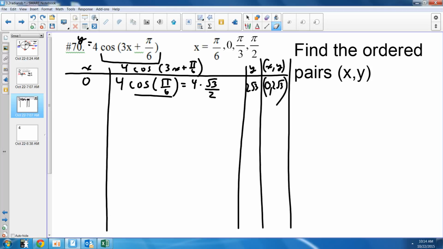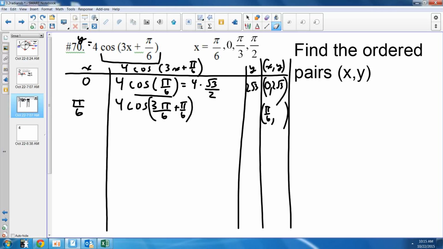Let's go to pi over 6. What's my number? 4 cosine, and now it's going to be pi over 6 in for my x, which really means this is going to be 3 pi over 6 plus pi over 6.